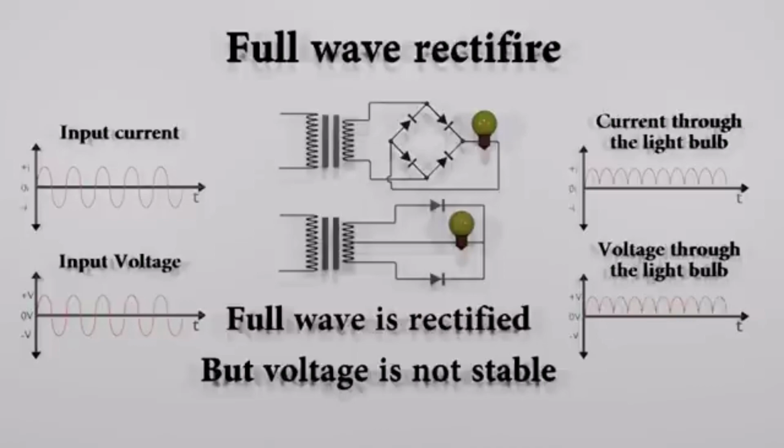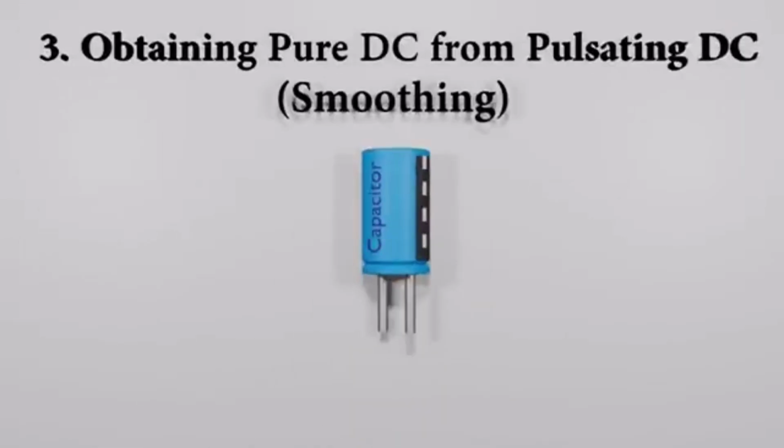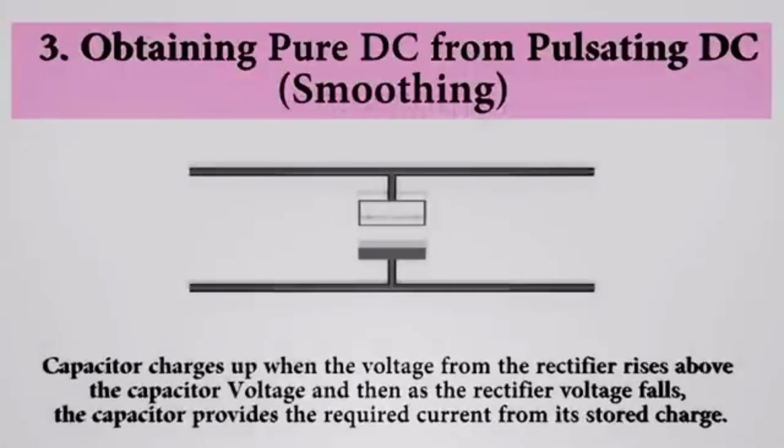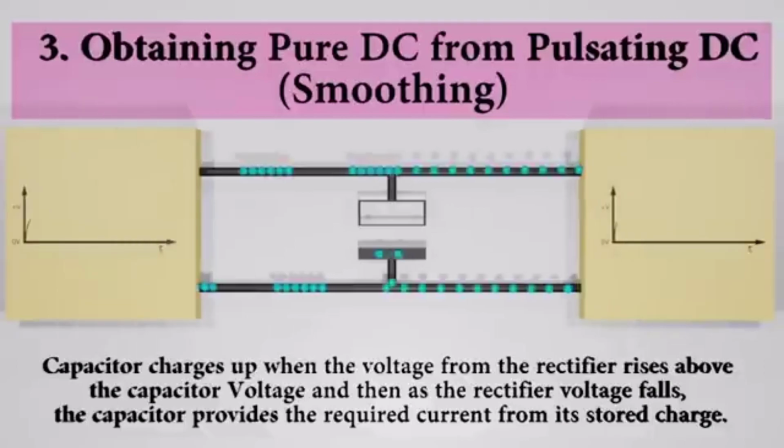Let's talk about how to obtain a pure DC from pulsating DC. This is called filtering or smoothing the rectified voltage. A filter circuit, also known as a smoothing capacitor, is added to the rectifier circuit to improve the output. The smoothing capacitor converts the rippled output of the rectifier into a smoother DC output.